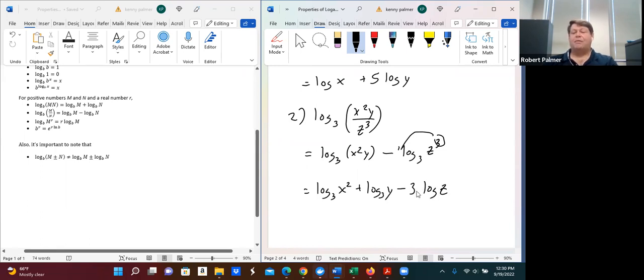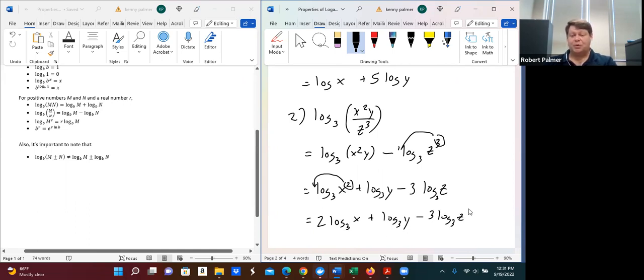Notice I forgot my 3 there; it's really important to make sure you have the right base. I can't do anything else with this or with this, but here, like in the case of the z, I can bring this exponent down front. And finally, I have 2 times log base 3 of x plus log base 3 of y minus 3 times log base 3 of z.